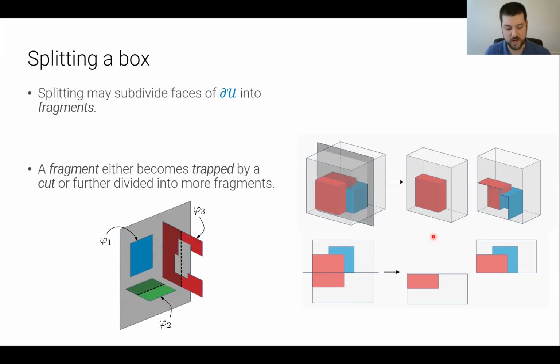So what does splitting a box entail? This is the crux of it: how do we choose the cuts to make? Splitting a box, as we can see in this example, may subdivide faces of the boundary. In particular, if we look at the top face of the red cube, it's being split into each of the two resulting subboxes. And in a sense, this is creating work for us.